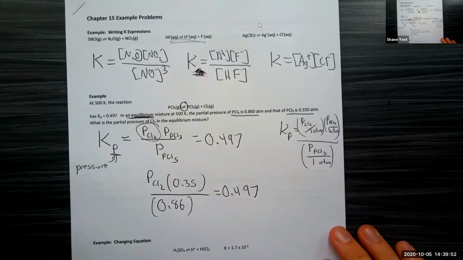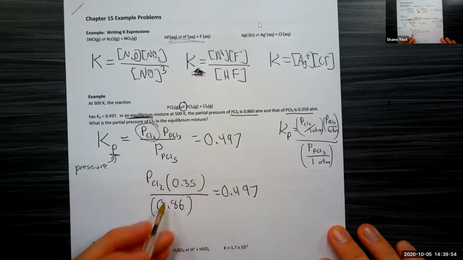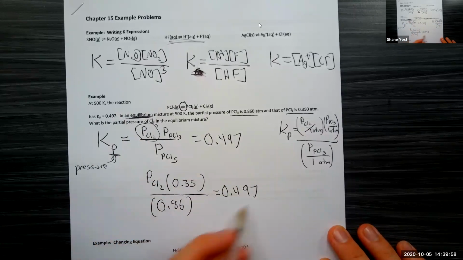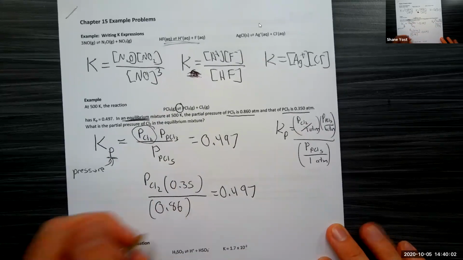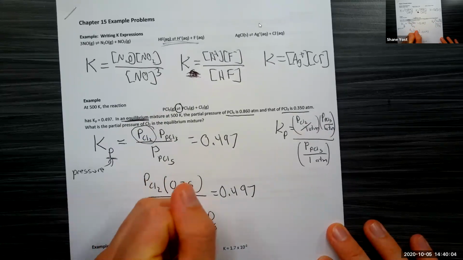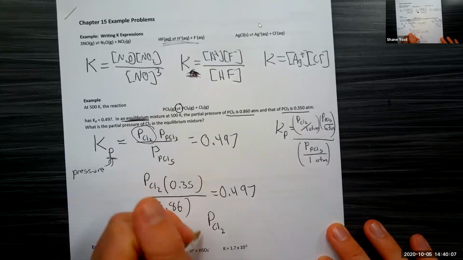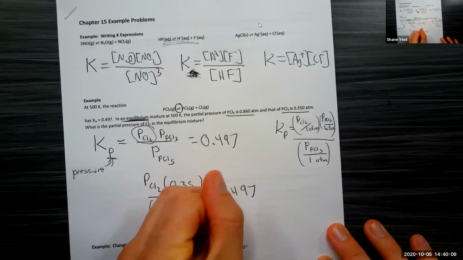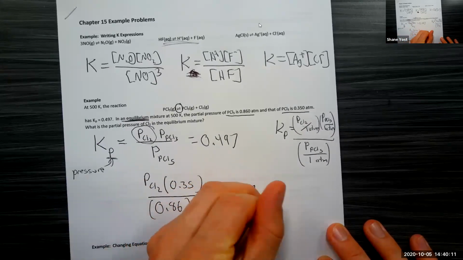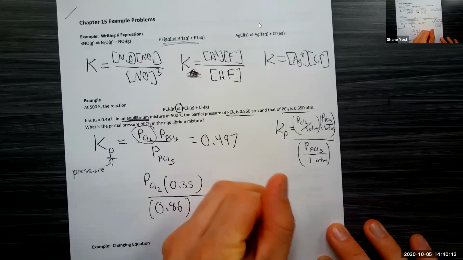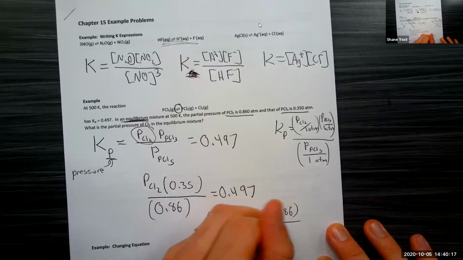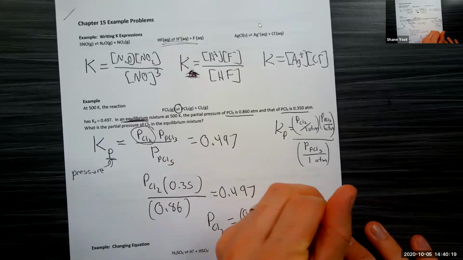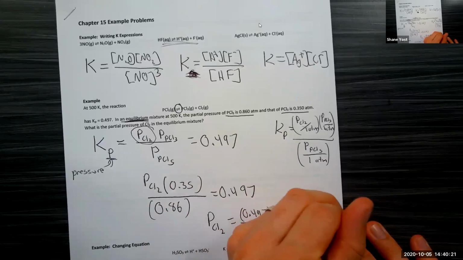Going back to solving this problem, I then just need to solve for the pressure of Cl2. So I multiply by 0.86 over here and divide by 0.35 over there. The pressure of Cl2 is equal to 0.497 times 0.86 divided by 0.35, which ends up being 1.22 atmospheres.